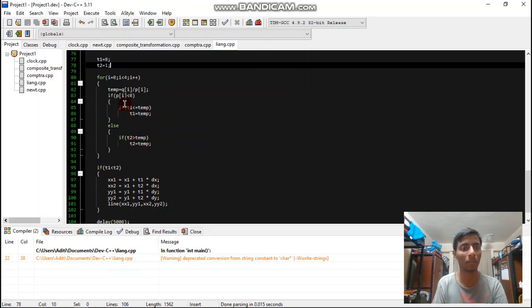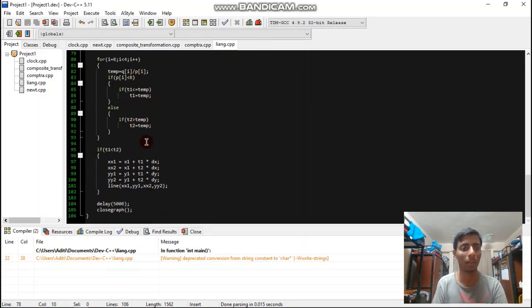And if pi is positive, we assign the minimum value of qi upon pi to t2, and then we find the values of xx1, yy1 and xx2, yy2, which is basically the clipped line, and we put them in this line function and draw.